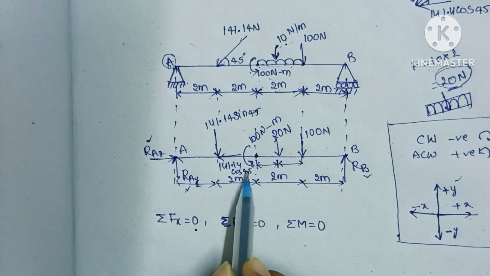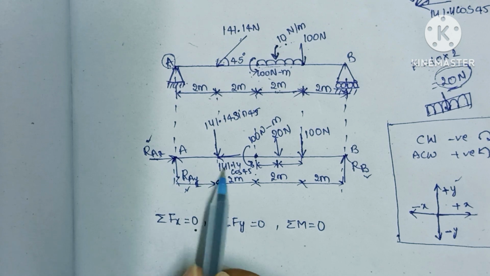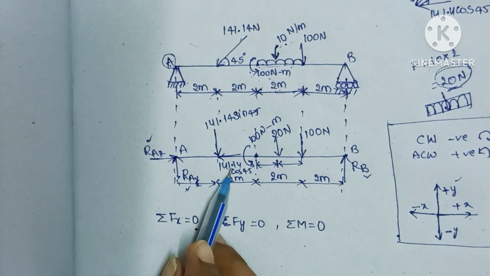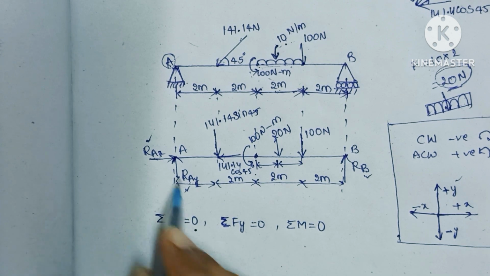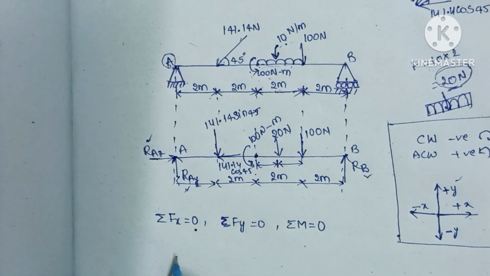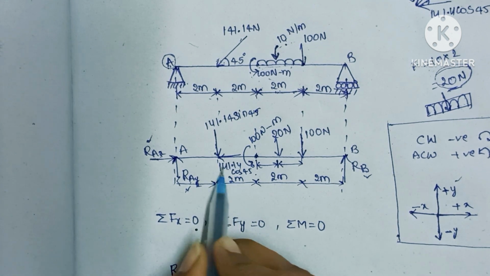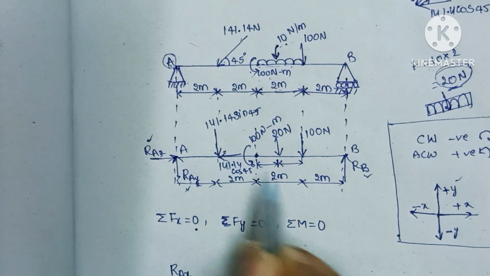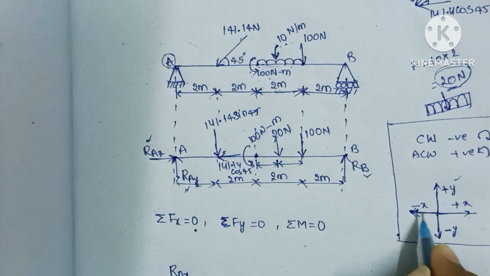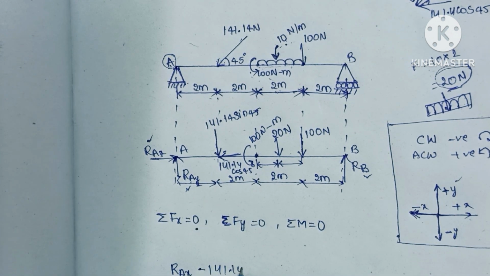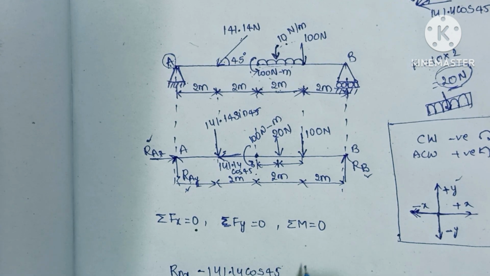141.414 cos 45. We only have two forces in the horizontal direction. RAX is in the positive x direction, and the other one is in the negative direction, so minus 141.14 cos 45, and we don't have any other force, so the sum equals 0.